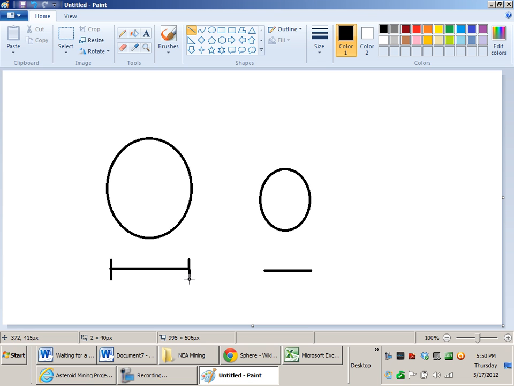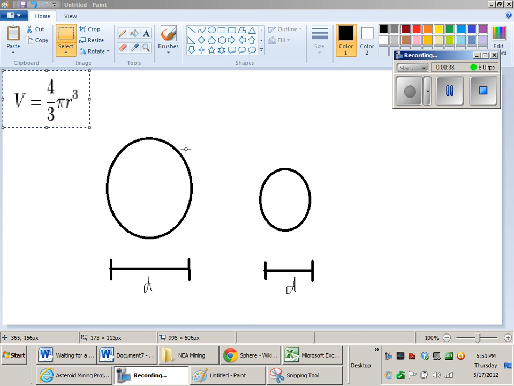And if those are the diameters, to get a radius, you would just divide by 2. And from there, we can use the volume of a sphere. And that's V equals 4/3 pi r cubed. So you would take the estimate that you were given for the large diameter, divide it by 2, and use that for the radius.